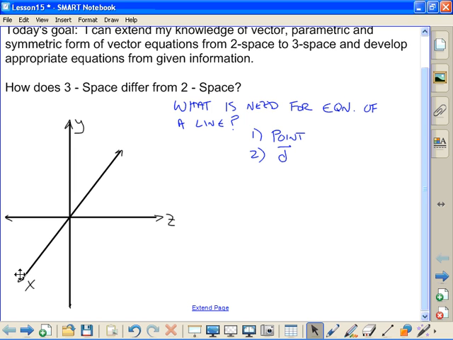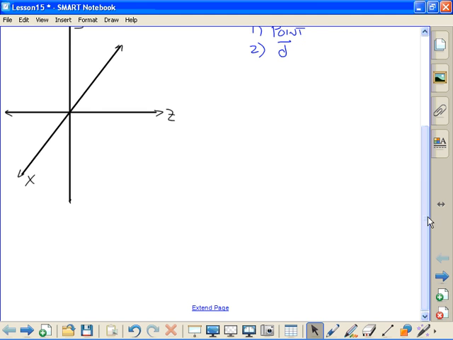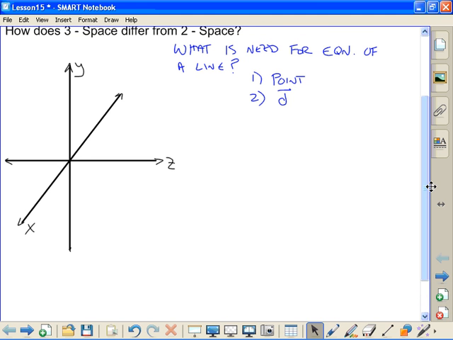So how different is it when we talk about 3-space? Well, not a whole lot, except for the sense that our vector now may look like this, which is actually this direction, and here, and then up here. So it actually comes off the page.